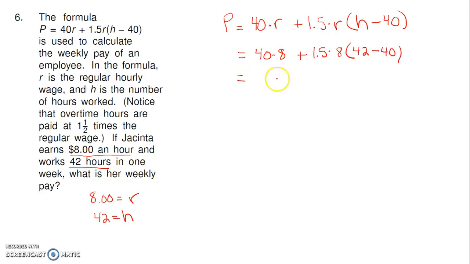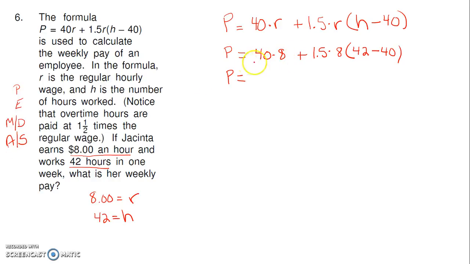All right. So now, again, it's just P equals, to get our overall pay. I'm going to use my order of operations now to simplify the expression on this side of the equal sign. So I'm going to use parentheses, exponents, multiplication or division left to right, addition or subtraction left to right.